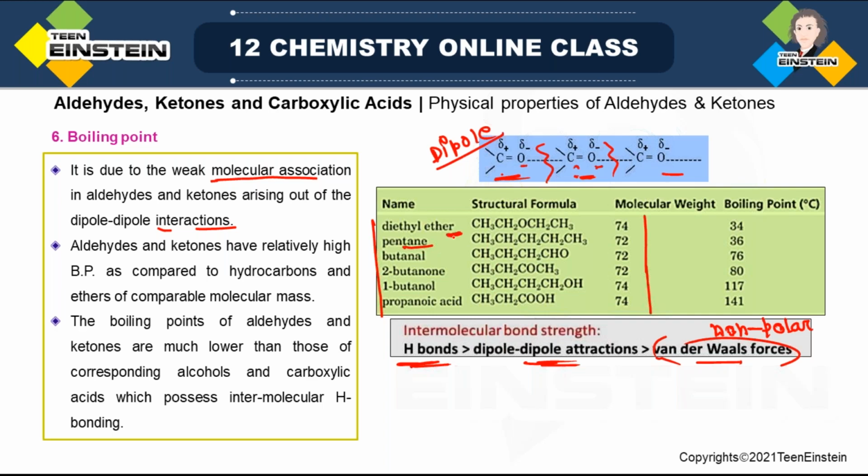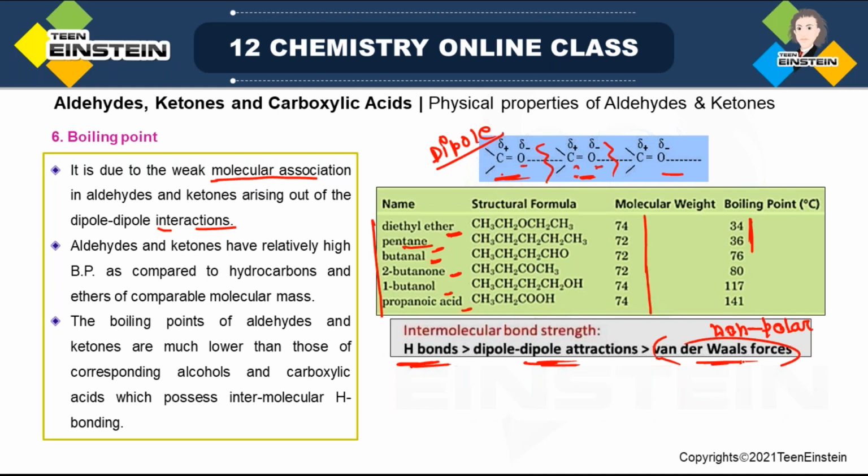So we have taken ether, alkane, then aldehyde, ketone, alcohol, carboxylic acid, all having the same molar mass. But if you look at the values, the first two, ether and alkane, have the lowest boiling point, because in this case there is no dipole-dipole interaction, no hydrogen bond, only van der Waals interaction is prevalent.